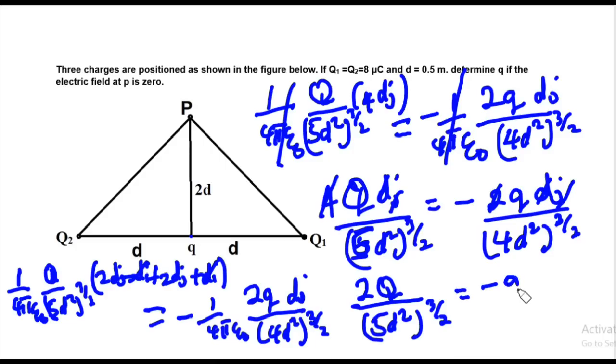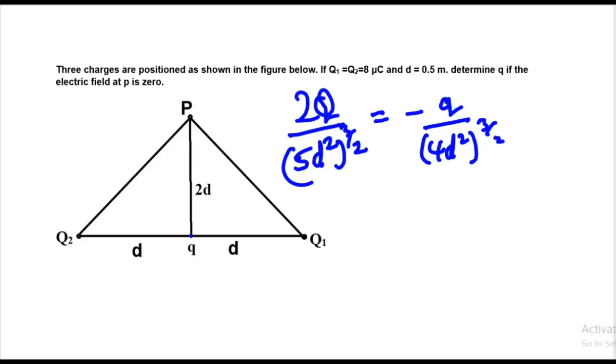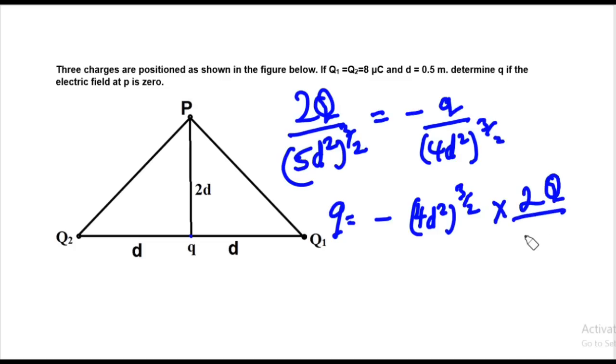minus Q upon (4d²) to the power of 3 upon 2. So if we make Q the subject of the formula, we have that Q equals minus (4d²) to the power of 3 upon 2 times 2q upon (5d²) to the power of 3 upon 2.